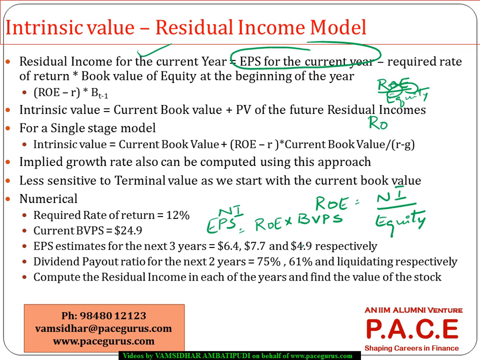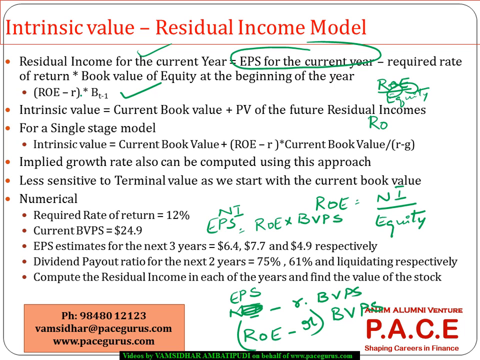So when I say residual income is net income minus R times book value per share, or EPS minus R times book value per share, instead of EPS I will write it as ROE times BVPS. So that makes it ROE minus R times book value per share at the beginning of the period. The book value of the share at the beginning of the period multiplied by the difference between the ROE and R is the measure of residual income for each of the periods.